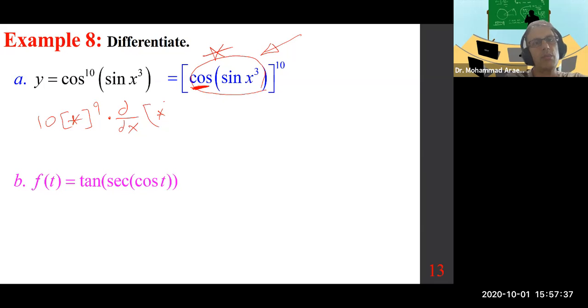Write this, I think it will be helpful. Where asterisk is cosine of sine x cubed. Okay.